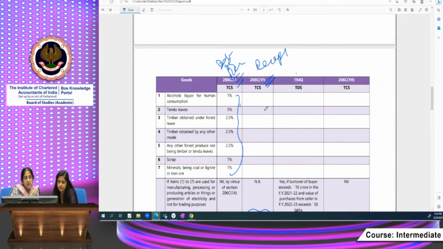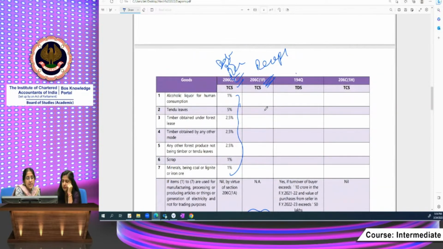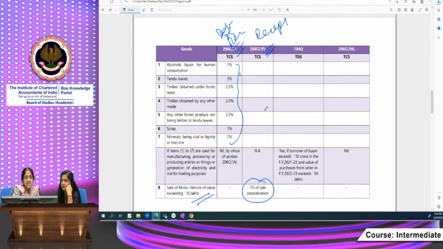But 206C(1A) provides some exceptions where 206C(1) will not apply. If the person buying the goods gives a declaration that he is a resident buyer and he is using the goods for manufacturing, processing, producing articles or things, or for generation of electricity, and not for trading purposes, then no tax is collectible.